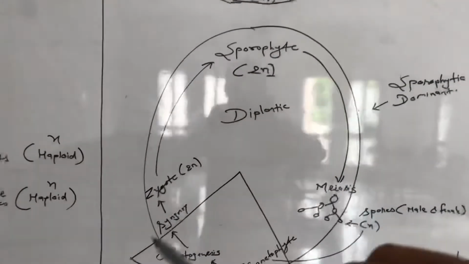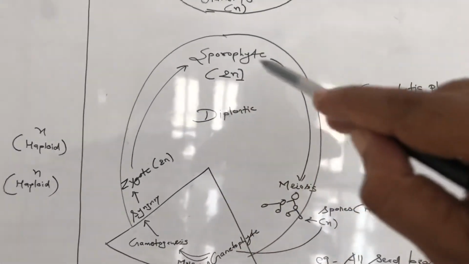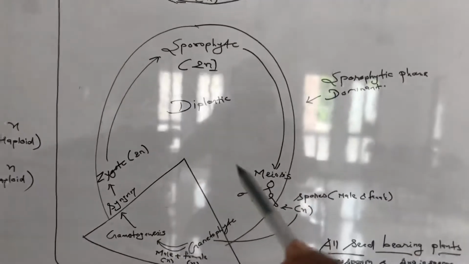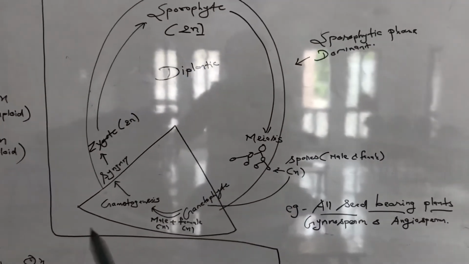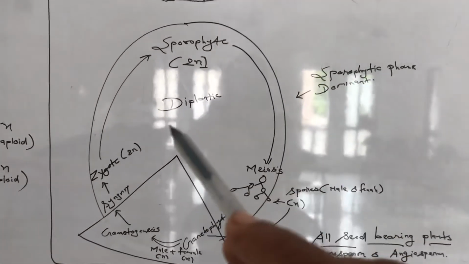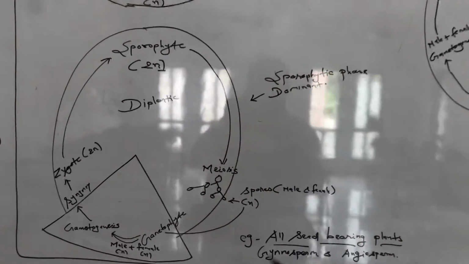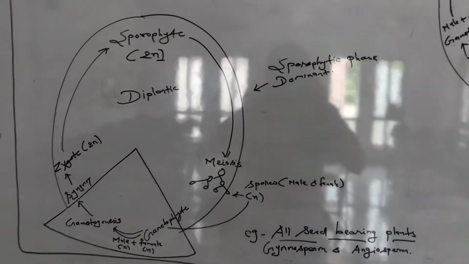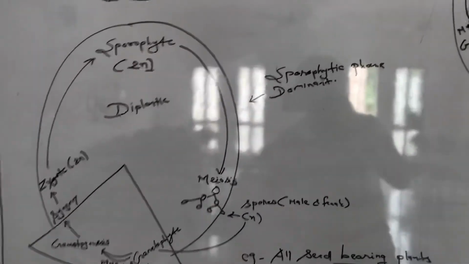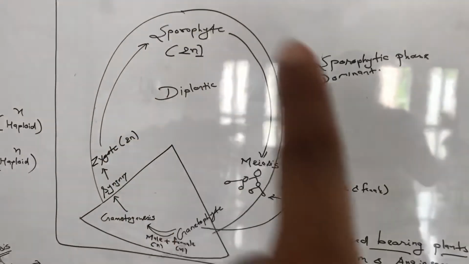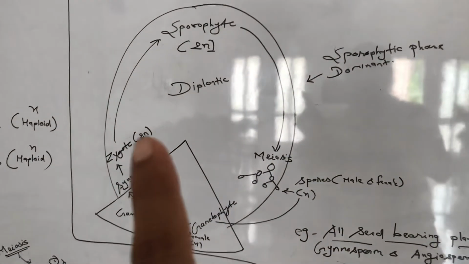So here the 2N phase is more compared to N. That's why it is a diplontic life cycle.